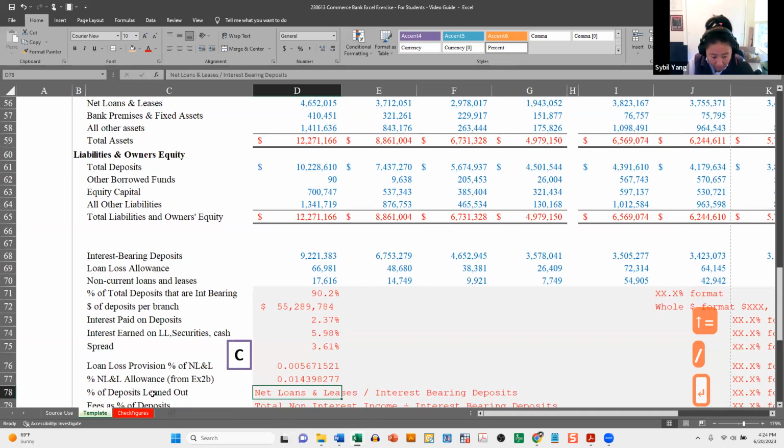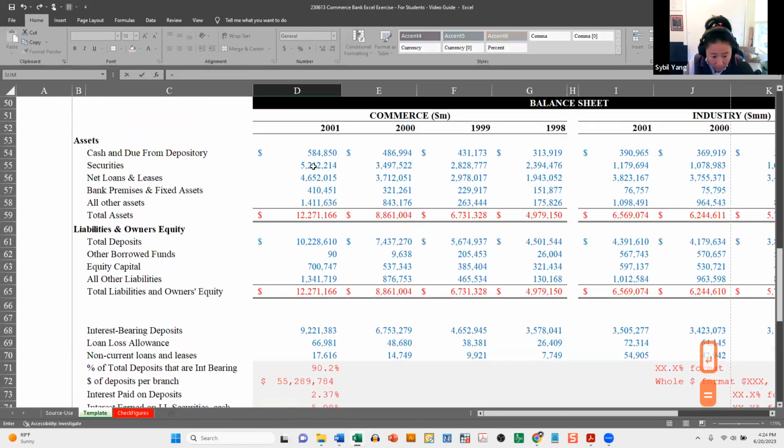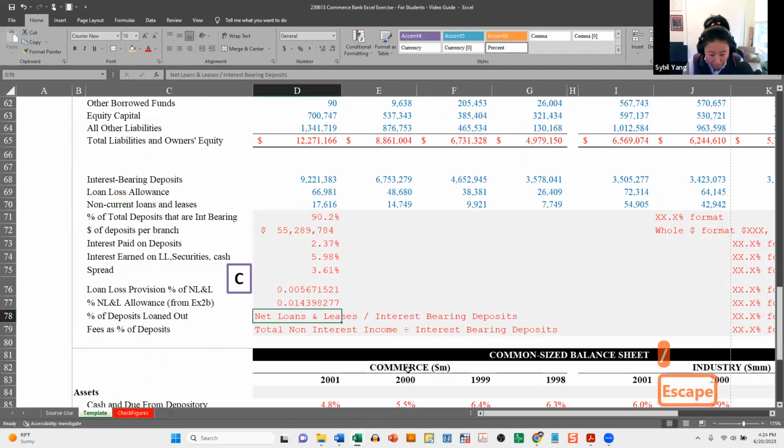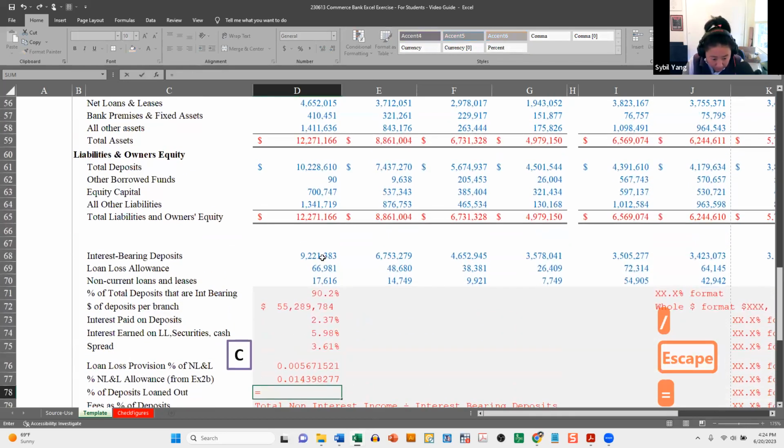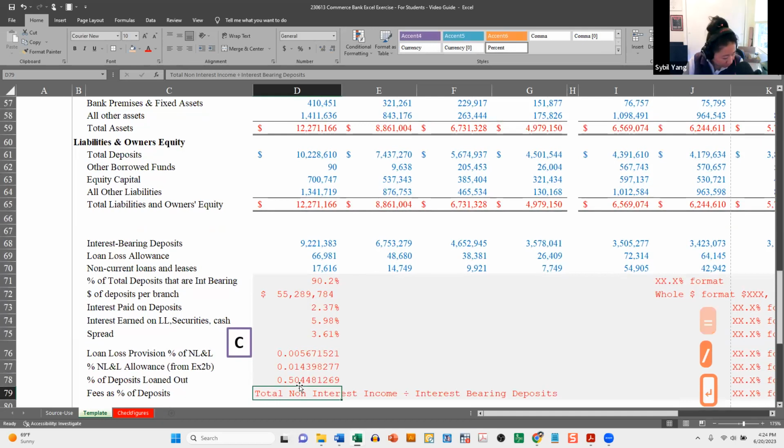Okay. And percent of deposits that I actually loan out. So equals net loans and leases divided by interest-bearing deposits. Okay, so this is the percentage of interest-bearing deposits that I essentially loan out.